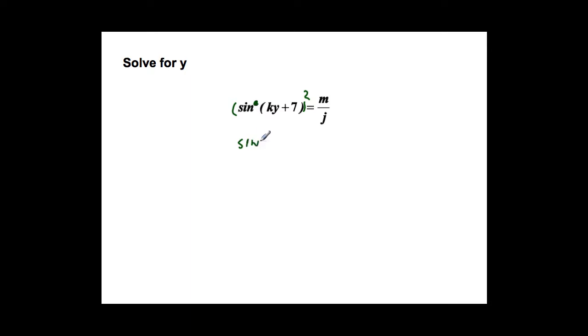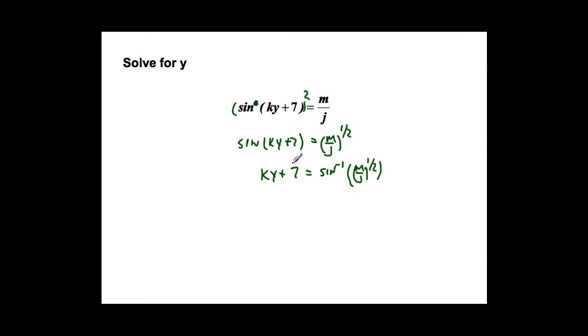So this will be sine of the quantity ky plus 7 is going to be equal to the quantity m over j to the 1/2 power, square root of that. Now to get rid of the sine, we need to take the arcsine. So ky plus 7 is going to be equal to the arcsine of the quantity m over j to the 1/2 power.